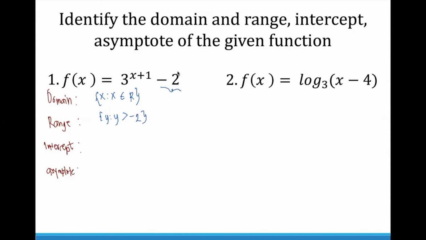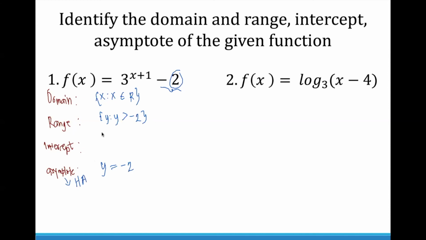Take a look. The graph is moved 2 units downward. So you have also as your horizontal asymptote, y equals negative 2. Again, here it's the horizontal asymptote.